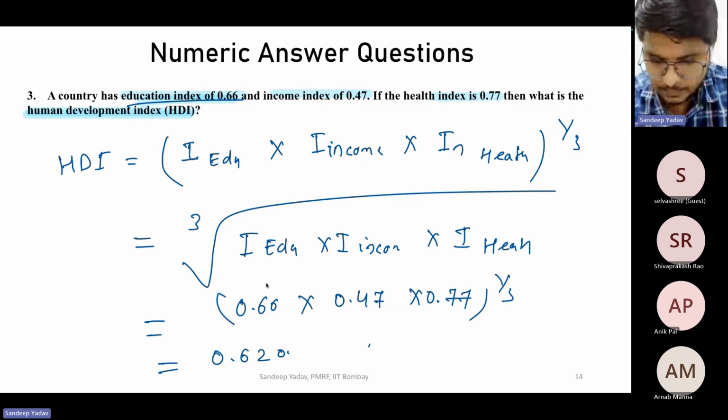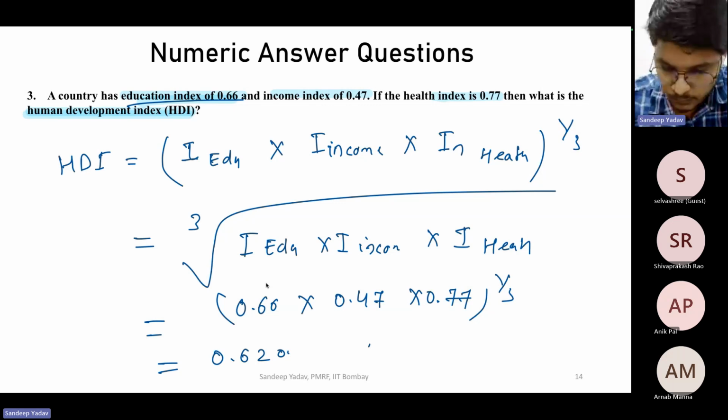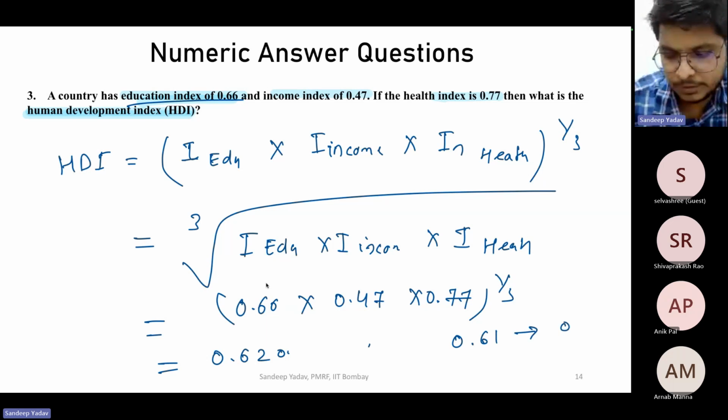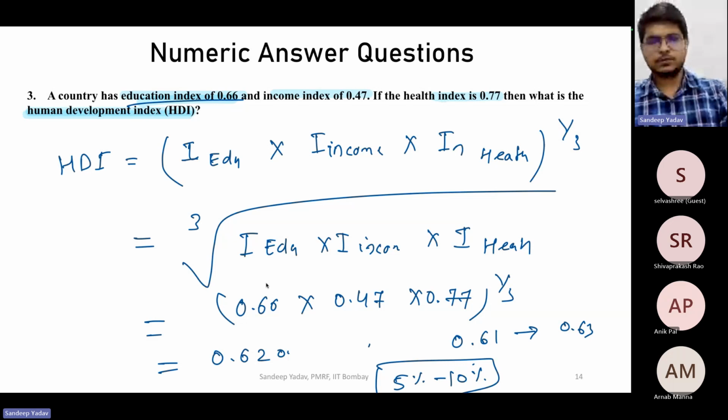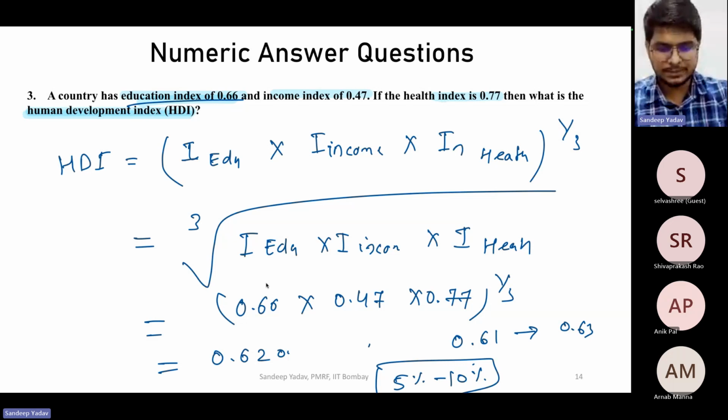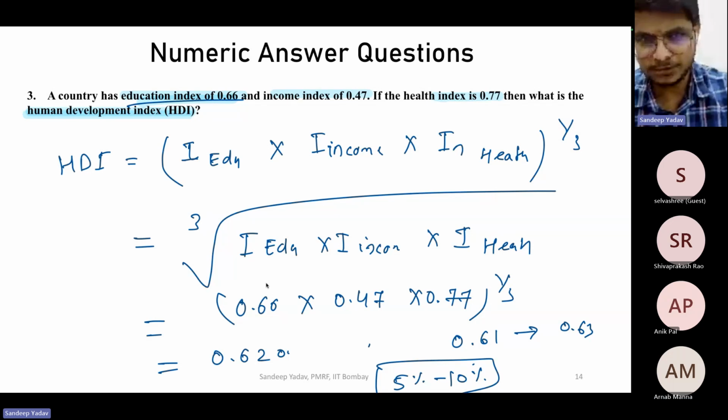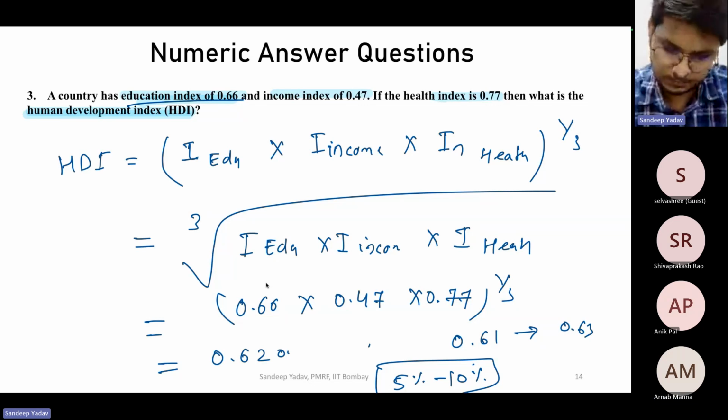Suppose the answer is 0.62, there will be a range of 0.61 to 0.63. Approximately 5 to 10% error is acceptable in numerical answer type questions. So you can just answer 0.620. Up to 4 digits is always safe. Even in the GATE exams, it's considered up to 4 digits.